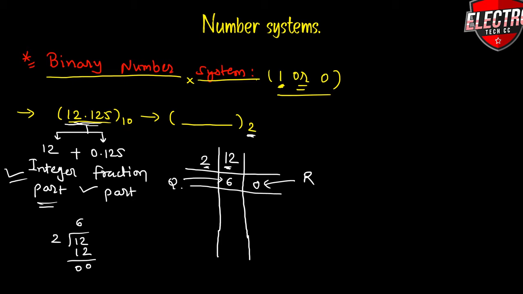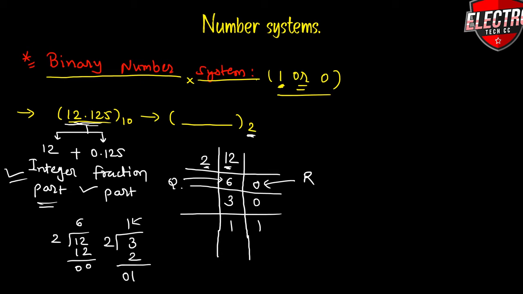If I divide 6 by 2 again, I get 3 as quotient and remainder 0. If I divide 3 by 2, then 2 into 1 is equal to 2, and the remainder is 1 and the quotient is 1.